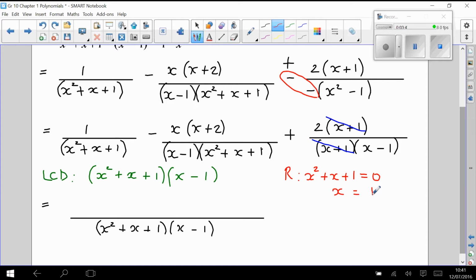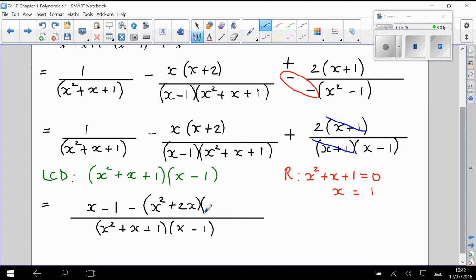And now all that remains is for me to change my numerators. The first numerator was 1, and the new factor in the denominator is going to be x minus 1, so I must say 1 times x minus 1. The old numerator, even though I factorized it, could in fact be written again as x squared plus 2x. And that must be times by any new factor that appeared in its denominator.